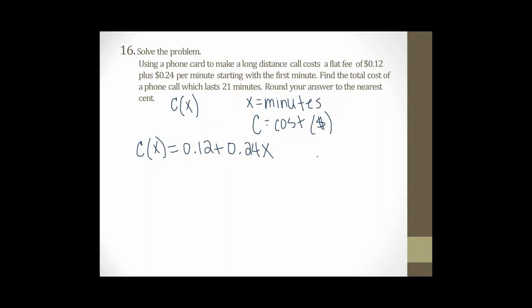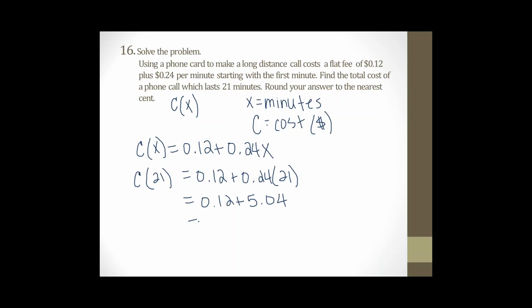It says to find the total cost of a phone call which lasts 21 minutes. So we want to find our cost when X is 21. So I'm going to plug in 21 in for X. So 0.12 plus 0.24 times 21. And now we've got 0.12 plus 5.04.